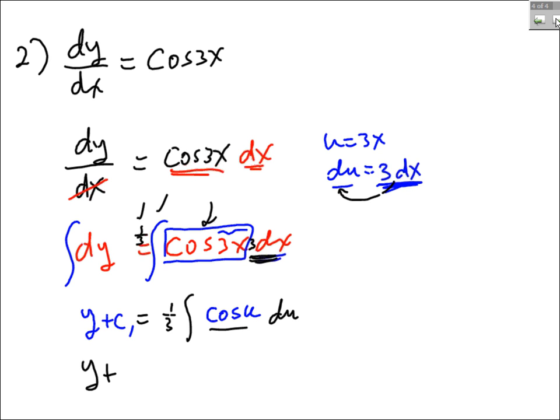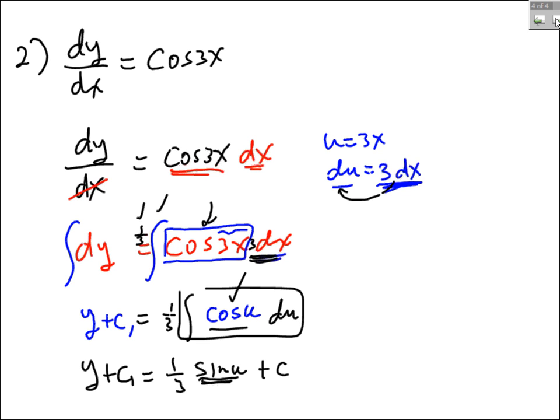So I have y plus a constant is 1/3 times this integral. And the integral of cosine of u is sine of u. Why? Because the derivative of sine of u is cosine of u. Plus a constant. We're integrating on the left side and we're integrating on the right side.